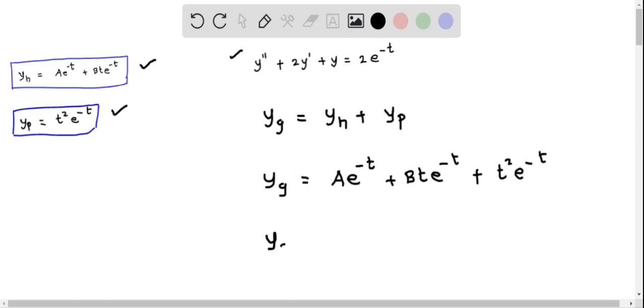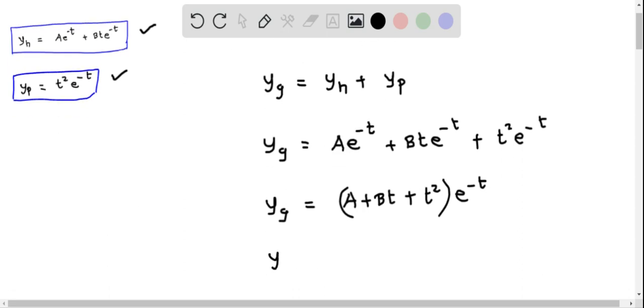In fact, this can be written in simplified form or in factored form. We can factor out the e power negative t. So when we do that, we get a plus bt plus t square times e power negative t. Or in fact, we can also write down in another factored form, that is yg equals a plus, I factor t from these two terms.